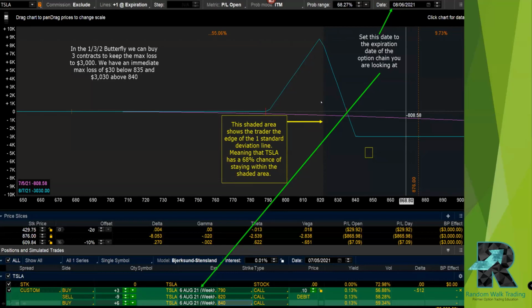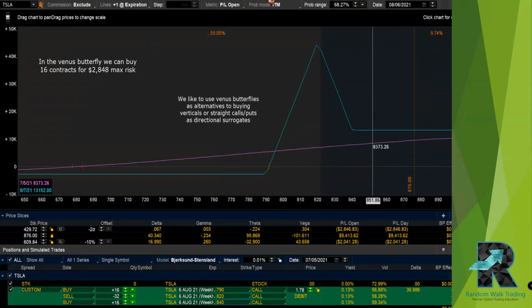That just shows you the edge of the 1 standard deviation. So from a mathematical standpoint, plus or minus 1 standard deviation means that you've got a 68% chance of the underlying staying within that shaded area. Doesn't mean it has to, but it can. It has a pretty good chance of getting in there, and you can take some profits.